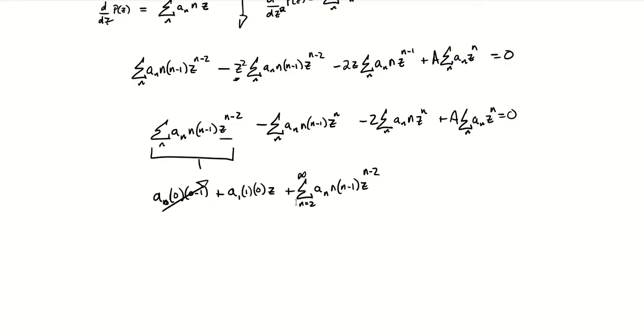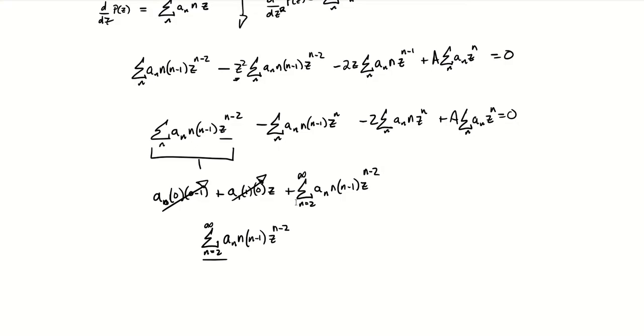Well, these two are obviously just 0, so that first term can actually be written as summing from n equals 2 to infinity of a sub n times n times (n minus 1) z to the n minus 2. This n is just an index.